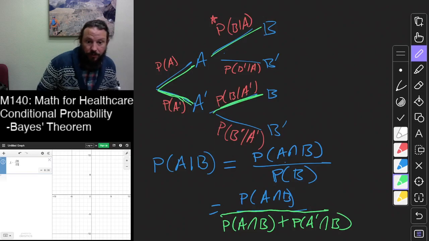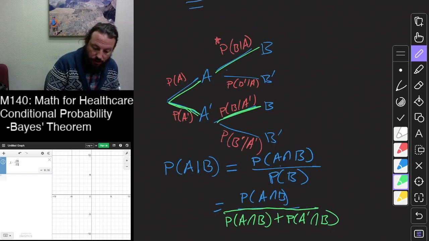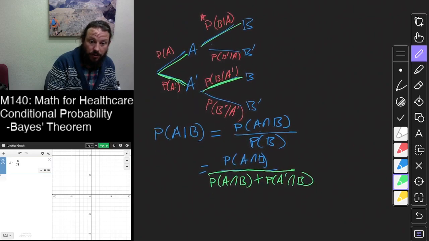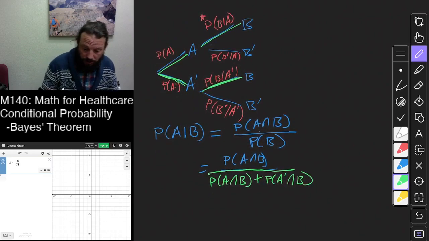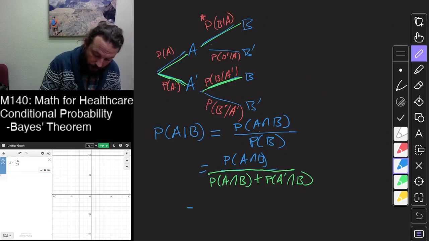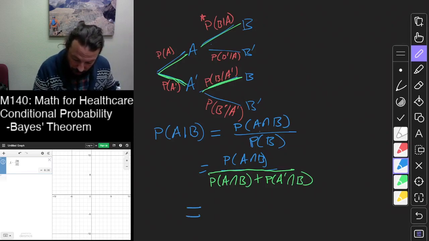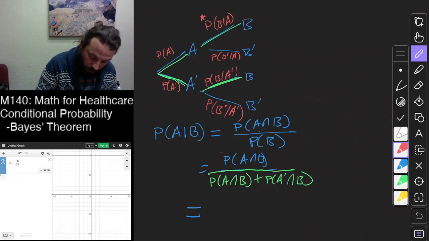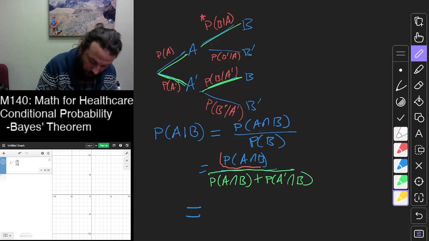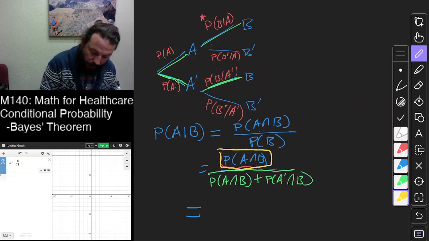Now we have a bunch of intersections. And we could finally do our last formula, which is generally the form of Bayes' theorem. Notice this numerator here is the probability of that intersection.